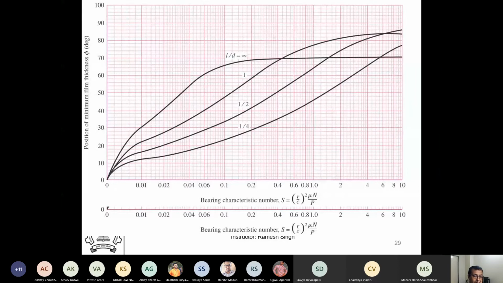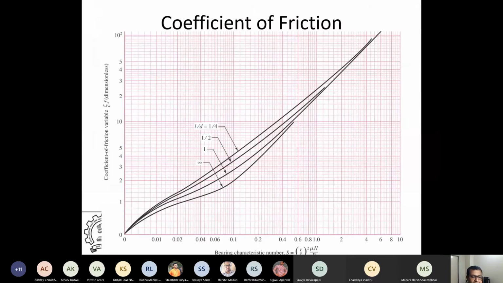Again, everything is a function of (R/C)² μN/P. Then same thing, coefficient of friction. You non-dimensionalize friction by R by C times F, radius by C by F. That's how you non-dimensionalize the friction coefficient, and then you can find out how the friction coefficient will vary. Higher the bearing characteristic number, higher the friction.